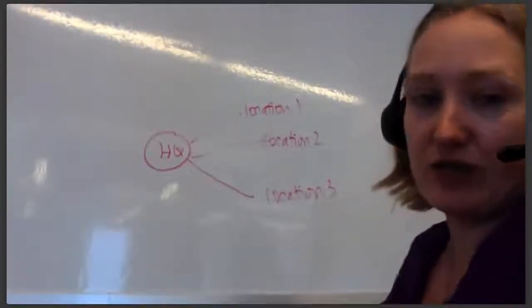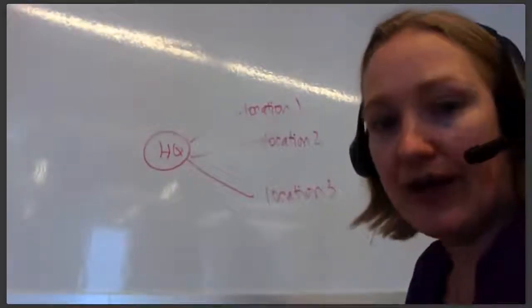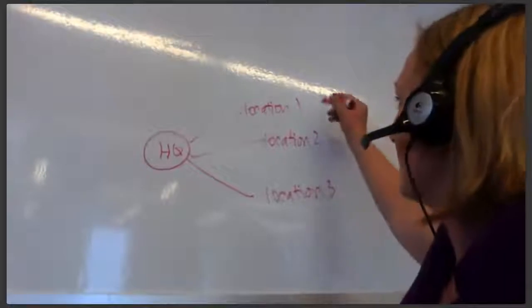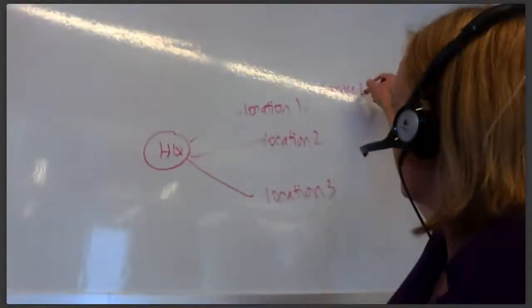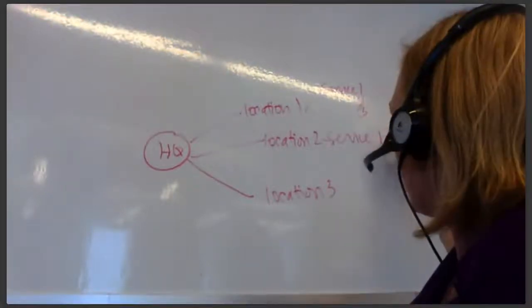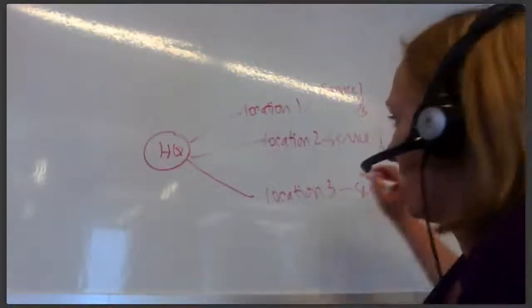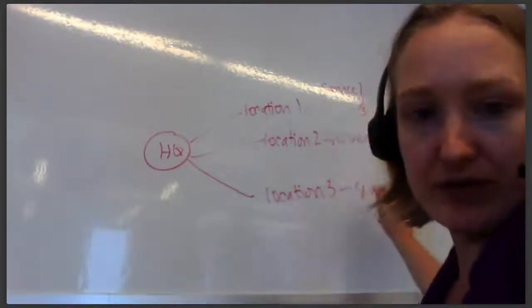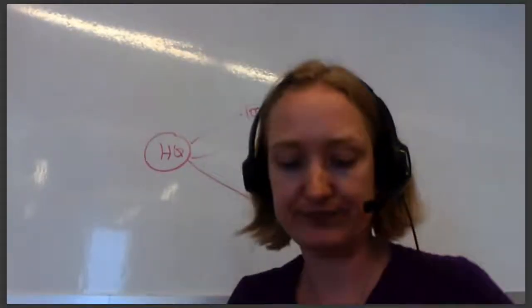And then after that, you can also think about how the services are related. Here they could have service 1, 2, 3, or services 1 and 2, and this one might just offer service 3. That's how you can map out how things delineate and come together.